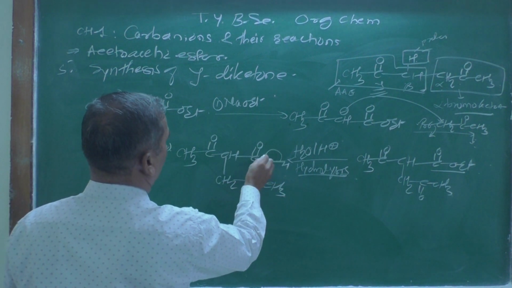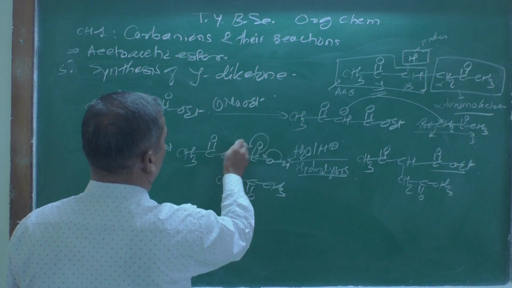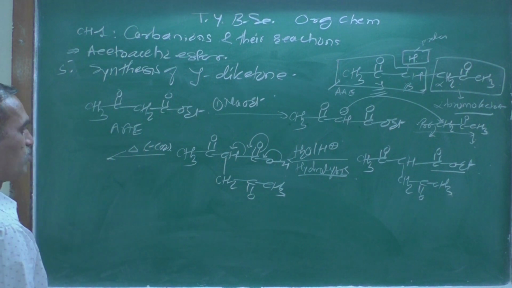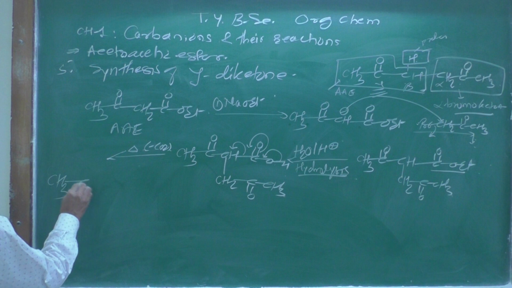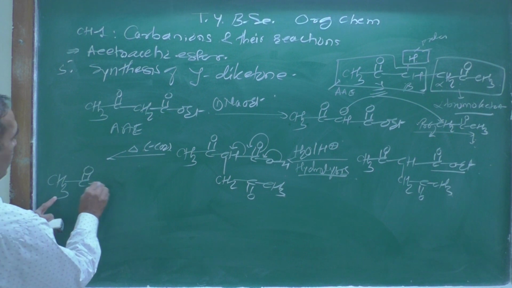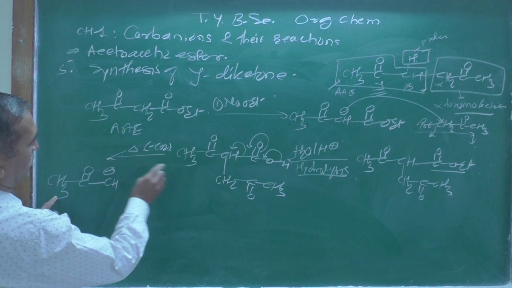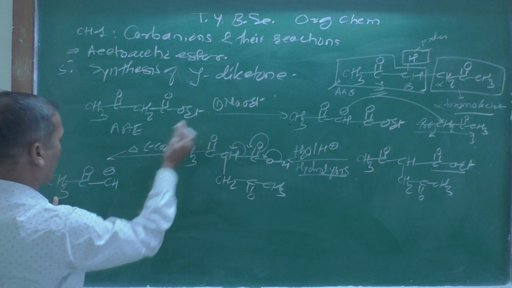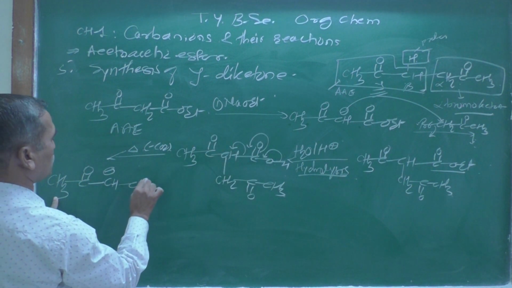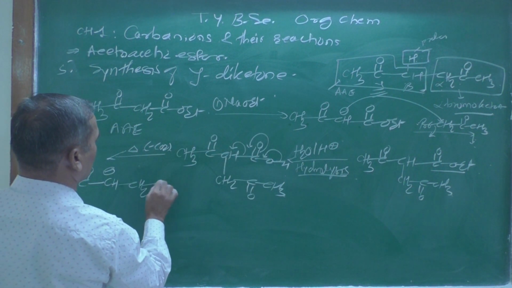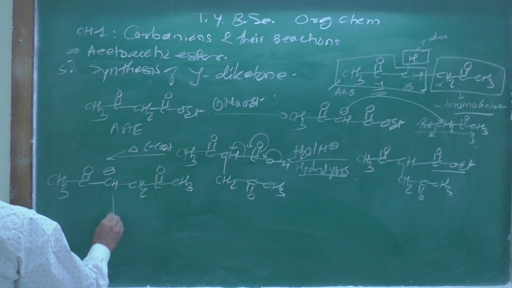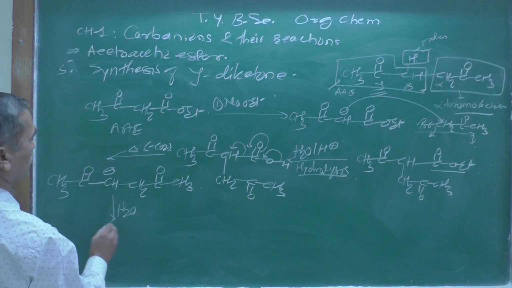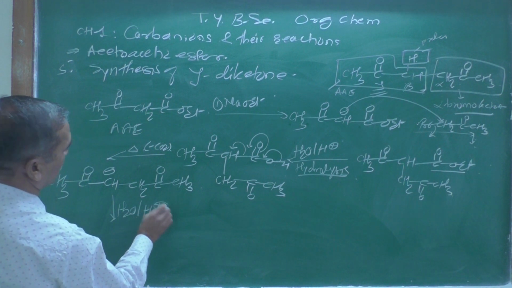This means the carbon dioxide is lost, forming a carbanion over there. Here you are going to get CH3, C double bond O, then CH minus charge. I am writing this bending part as a straight one so that you can understand, CH2, C double bond O, CH3, right? Then you carry out the protonation process, H2O in presence of H plus.